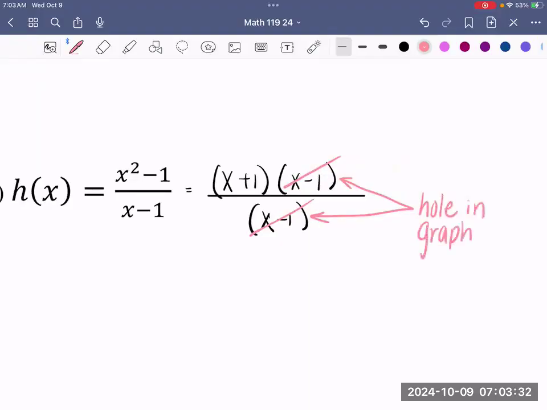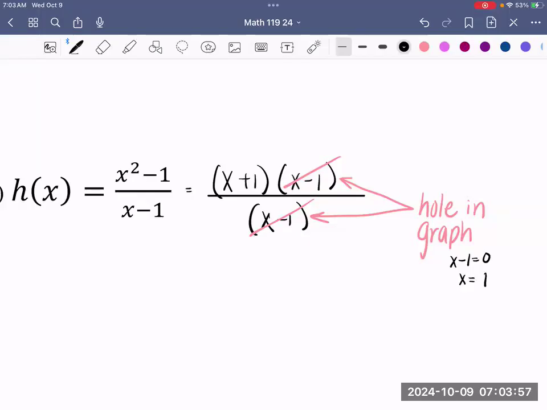And where does this hole occur? Well, if we use the same idea as before, right? If there's a hole in a graph, like if there's a pothole on your highway or on your drive, right? You want to avoid it. You're going to go around it. Or maybe you go a little bit slower if you can't swerve, right? But you're going to avoid 1.